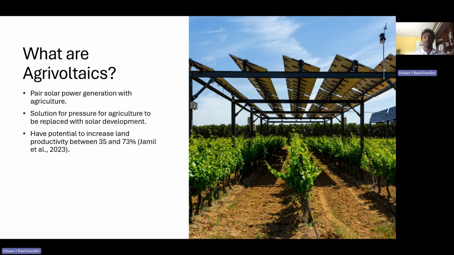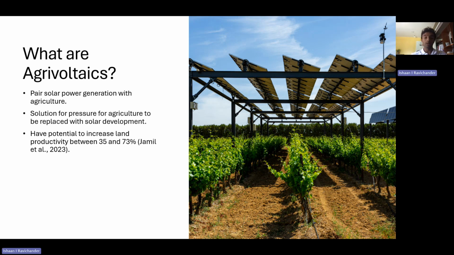Agrivoltaics have been posed as a potential solution to land use conflicts between agricultural areas that are subject to pressure for solar development. Since solar sites often require similar conditions to agriculture, there are concerns that as solar power continues to expand, agricultural areas will have less room for expansion to meet the needs of a growing population.